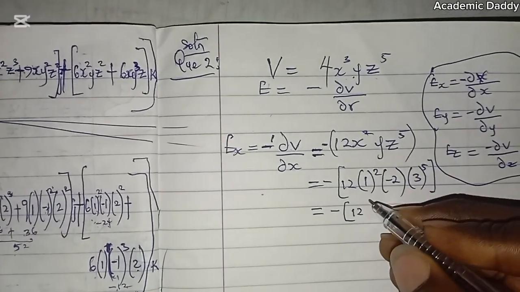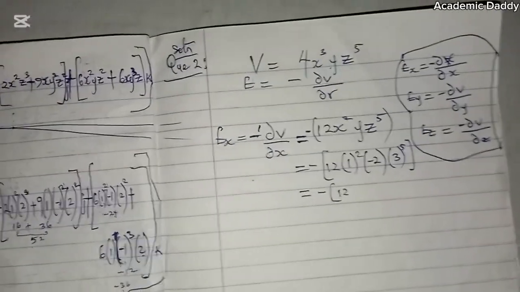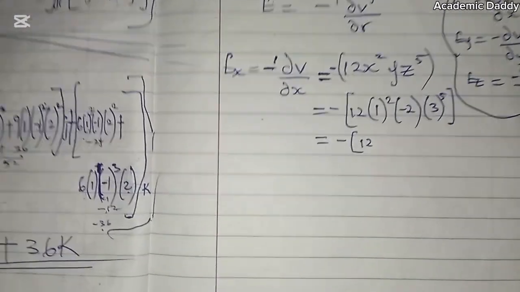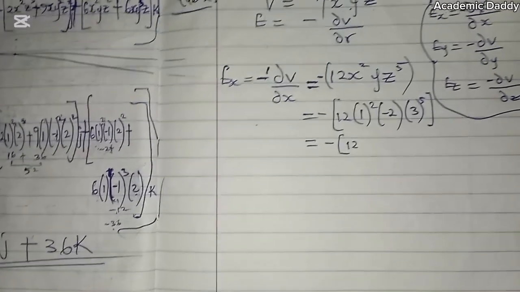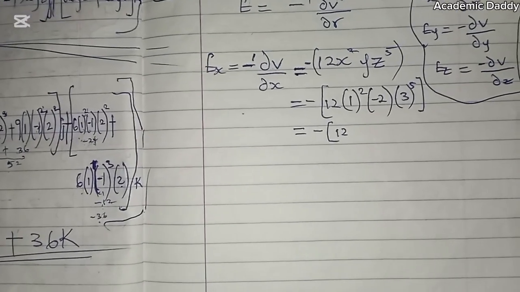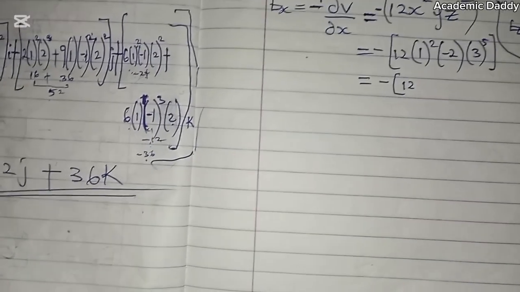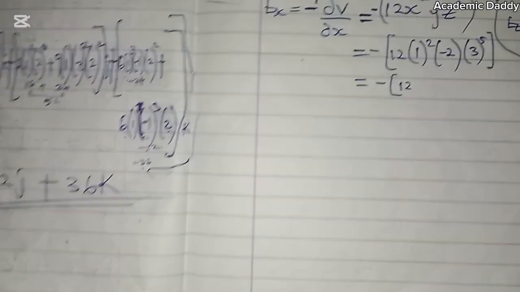Y raised to the power 2 is 1. So times this is 12. So 3 raised to the power 5. I know that if you do 3 times 3, 9 times 3, and so on, 3 raised to the power 5 is 243.